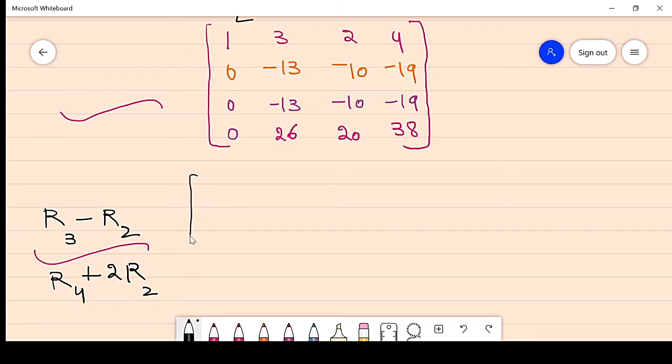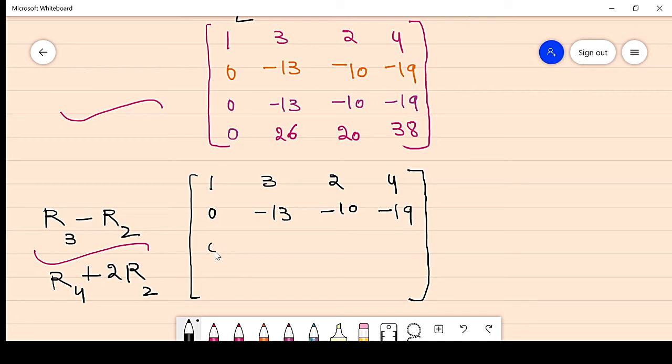The first row is 1 3 2 4, the second is 0 -13 -10 -19, and the third and fourth rows become 0 0 0 0. So we get this result.